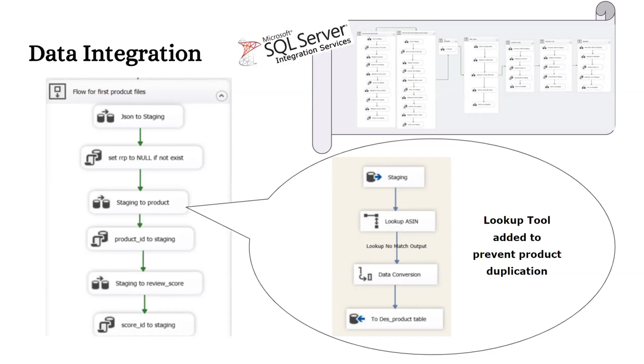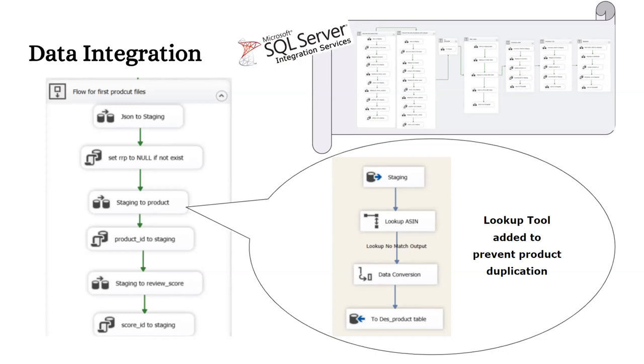So at the bottom left, we started with loading the raw data from the JSON file into one big staging table. Then the data in the staging table was cleaned, converted to a desired data type, and then loaded into a temp table in SSMS. In this process, primary keys were generated, and these keys were also added back to the staging table.